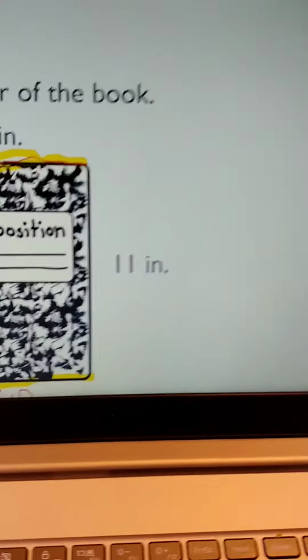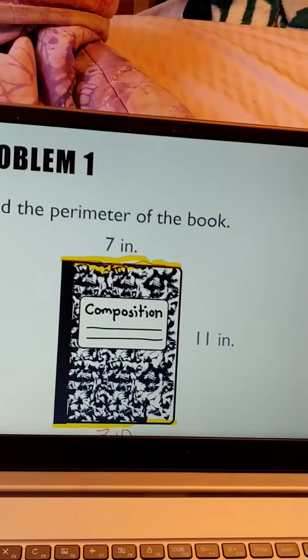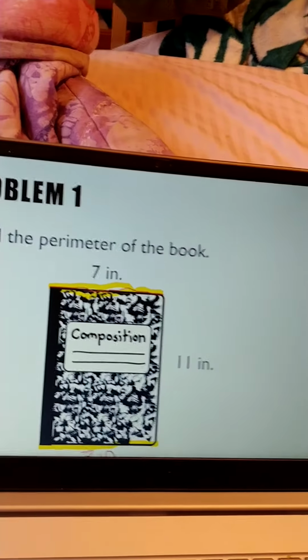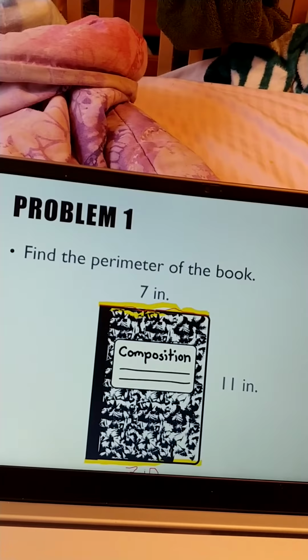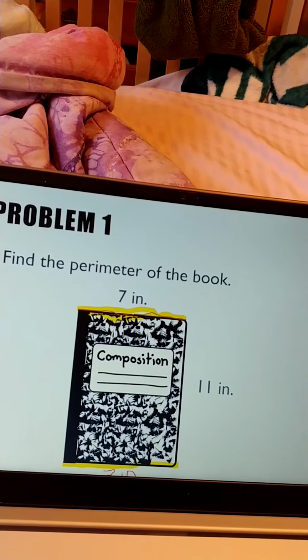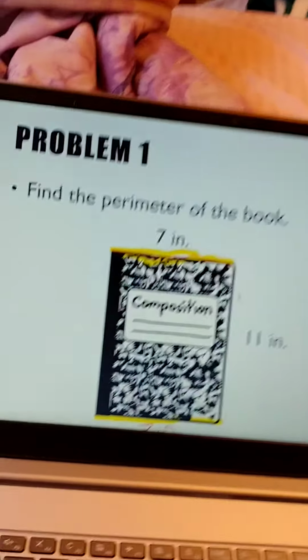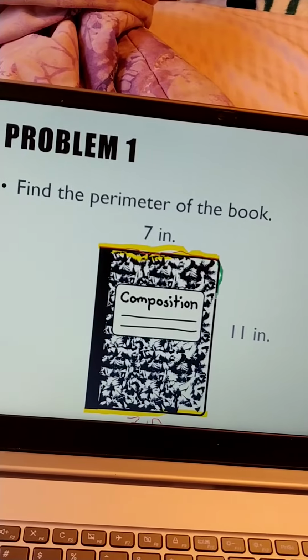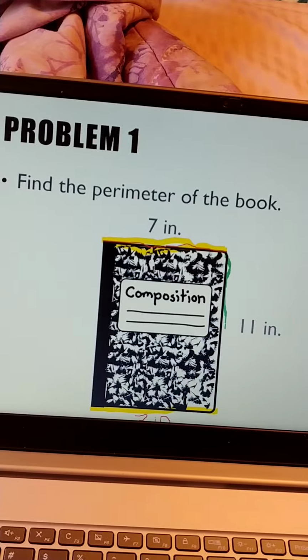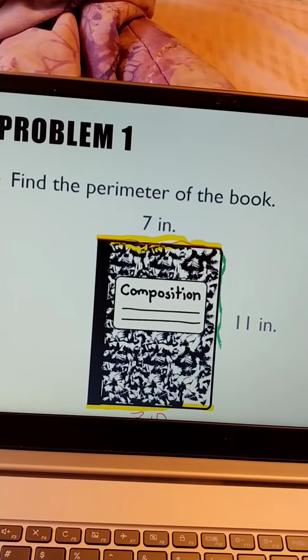This side right here gives us a length of 11. Let me highlight that. Let me use a different color. So here we have a length of 11.